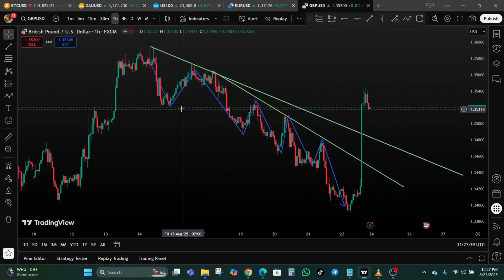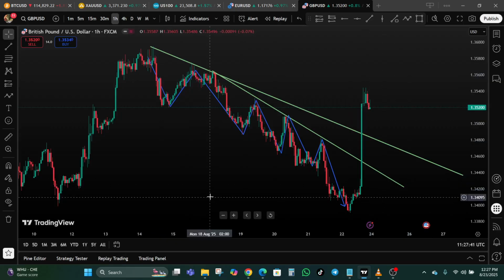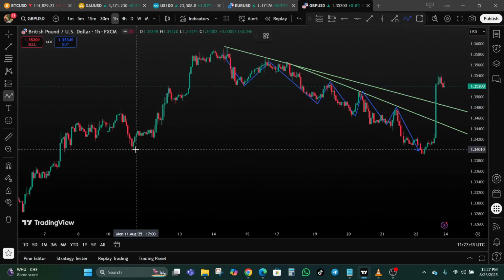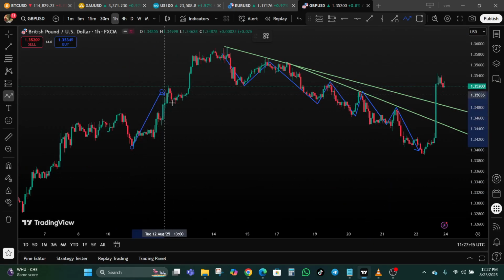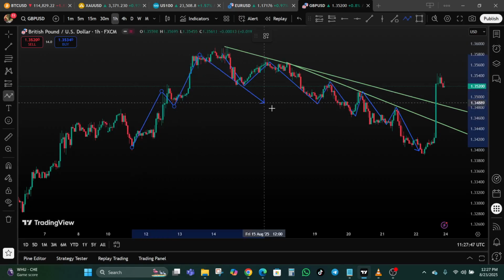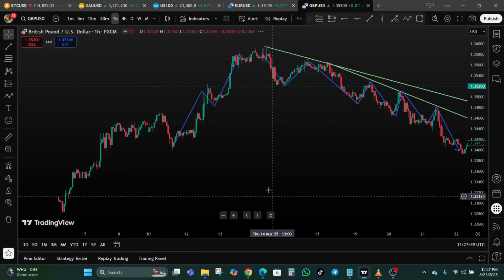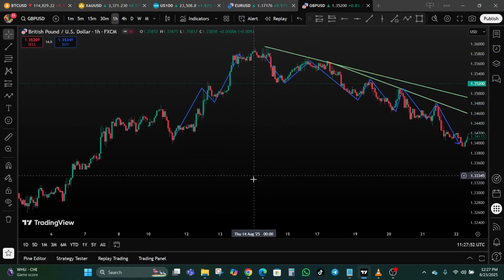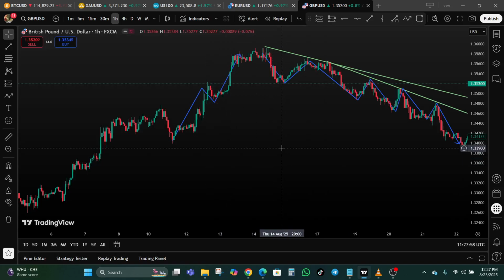So you are looking for buy opportunities in a bearish trend, or sell opportunities in a bullish trend. Now, that might sound a little bit crazy, but things happen. Probably you're trying to trade the pullbacks, the retracements.